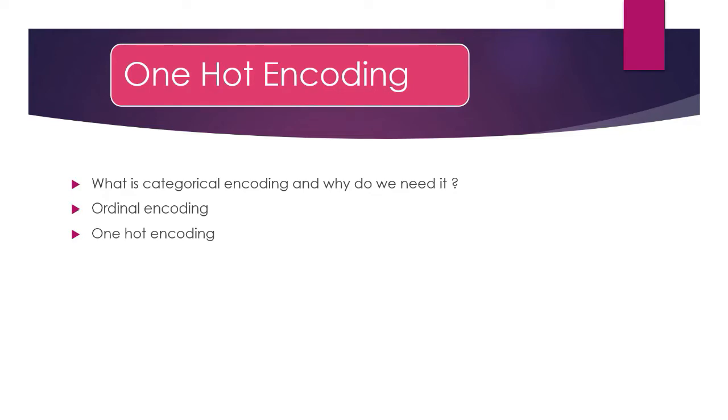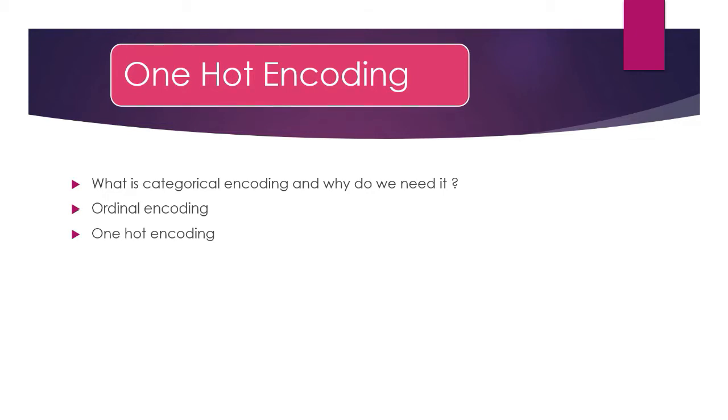Now first of all, the first question is what is categorical encoding and why do we need it? The answer is that most of the machine learning algorithms, such as linear models, and if you talk about neural networks also, do not work that well on string data, or data that is non-numerical, on categorical data you can say.